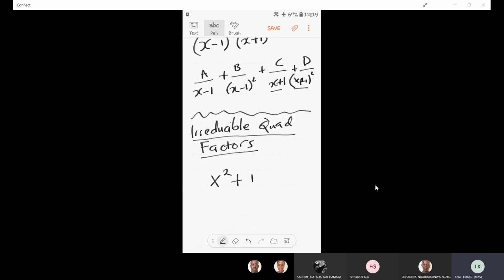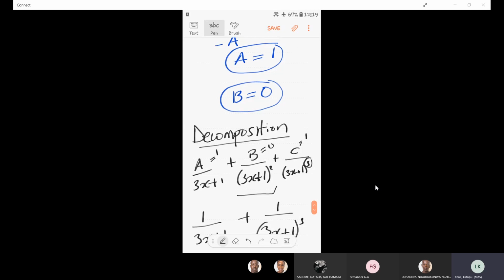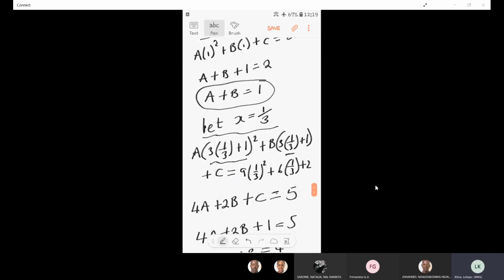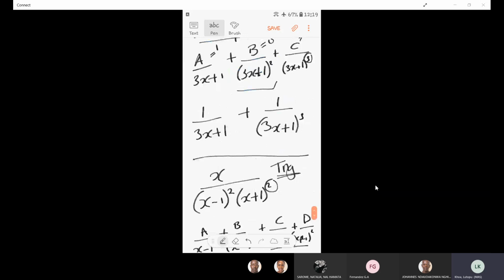So what you do is you will still work in pretty much the same way, except that your numerator in this case is a linear term. So here, when our denominators were linear terms or linear factors, my numerators were constants. They didn't have x.